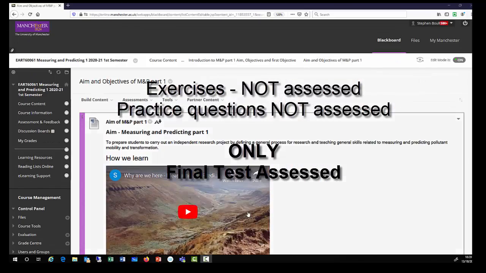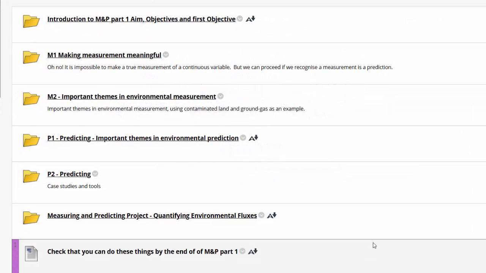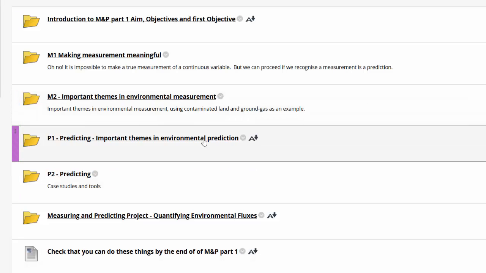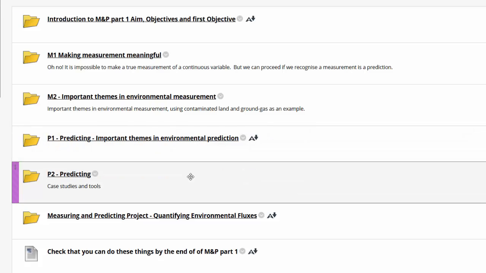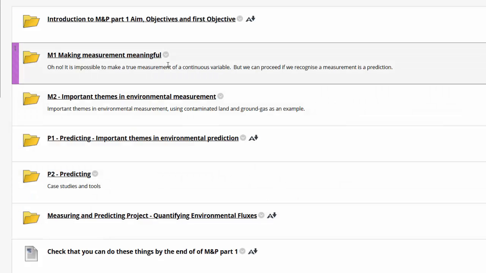You can see from the layout of these folders that we're going to make a progression from making measurement meaningful, to making environmental measurements, to understanding concepts of prediction and modelling, to case studies of modelling and prediction of environmental systems, and finally a project that uses measurement and prediction.